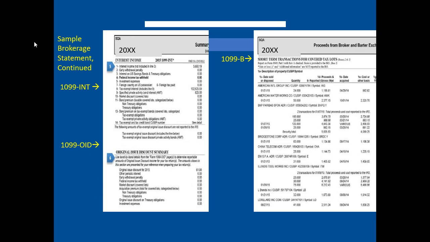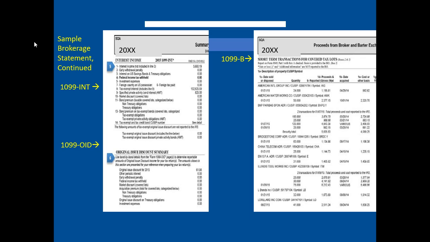You might have a 1099-OID, which is another form of interest. I think I've seen one of these in 15 years as well. It's not something you run across a lot. And then after that, you're going to have pages and pages, possibly, of the stocks and dividend transactions. It'll list every transaction they have, but you don't type them all in.